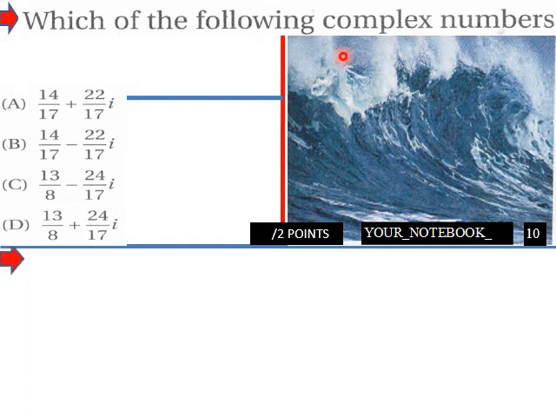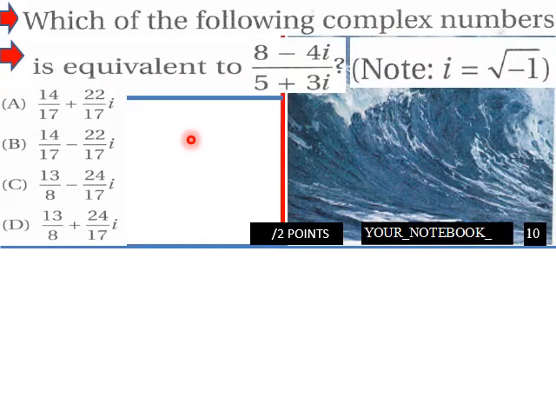And then, which of the following complex numbers is equivalent to 8 minus 4i over 5 plus 3i? Remember, i equals the square root of negative 1. So which of the following complex numbers is equivalent to this?